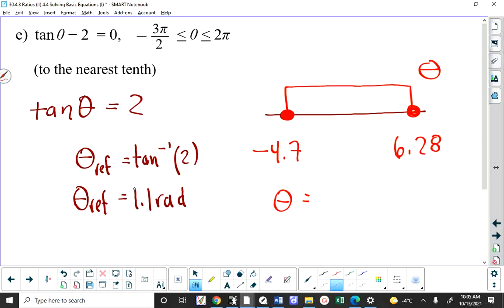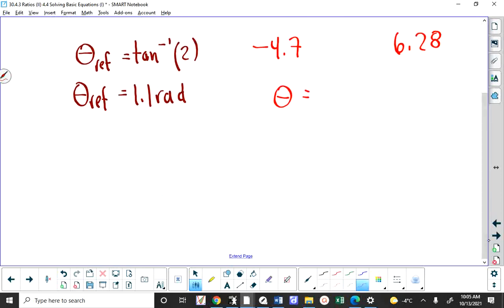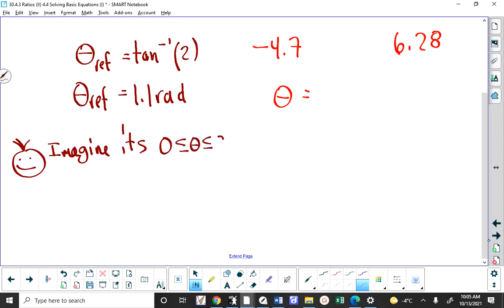And that's what I would like you to do at this point. I would like you to actually think that it's this. Okay, when you see a really weird domain, just ignore it for the time being.